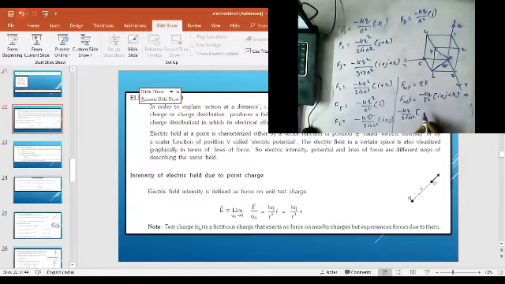In this, if you clearly observe, j, k, i, j is twice, k is twice, i is twice, so I can write here as 2 into i plus j plus k. So this two will get cancelled.